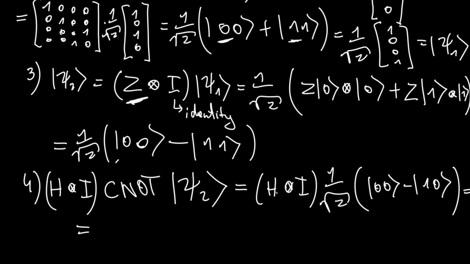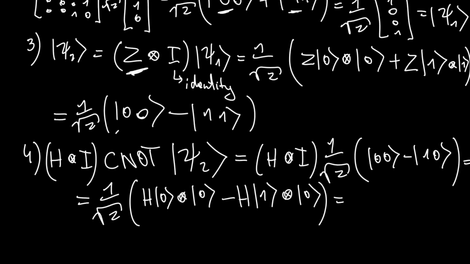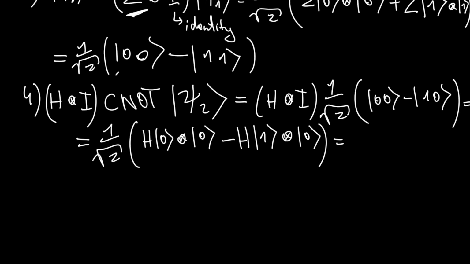Now apply Hadamard to the first qubit. For the second we do nothing, so it's gonna be Hadamard to the first, second nothing, minus Hadamard to the first, second nothing. Right. Now Hadamard to 0 is plus.